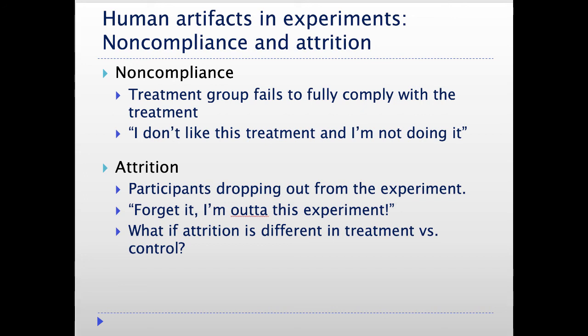Some very important human artifacts are noncompliance and attrition. So noncompliance is when the treatment group fails to fully comply with the treatment. Like, I don't like this treatment, I'm not doing it. Again, this language comes from medicine, and I actually find it a little condescending.